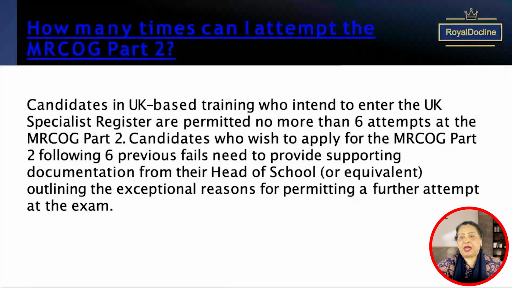Candidates who wish to apply for the MRCOG Part 2 following 6 previous failed attempts have to provide supporting documentation from their head of school or equivalent outlining the exceptional reasons for permitting a further attempt at the exam. So this is important to note down. And if you still have any query, you can always write to the exam team through email, and they can answer you about your situation.